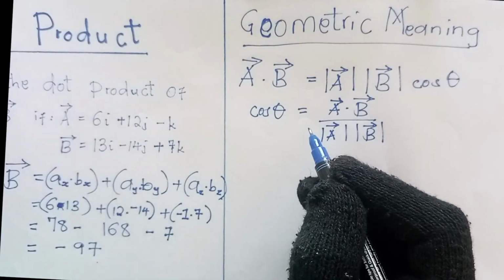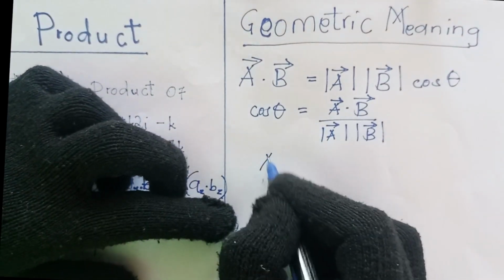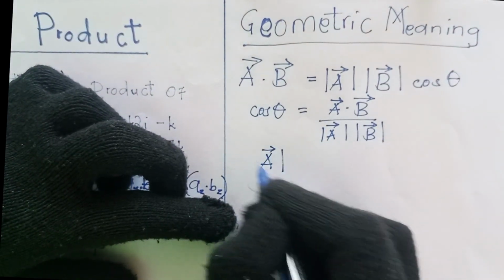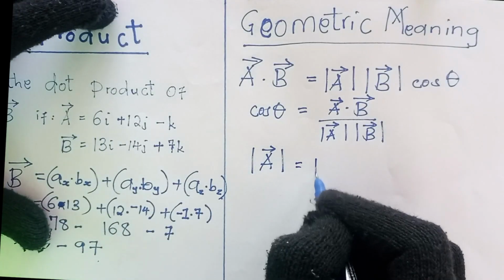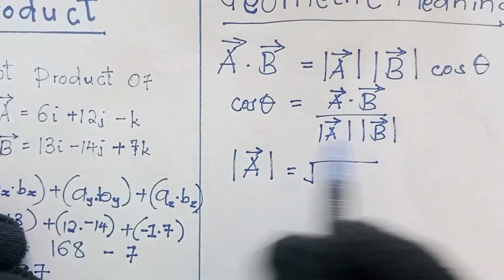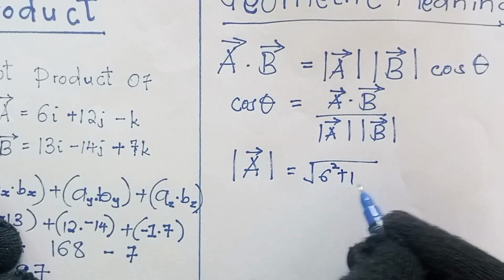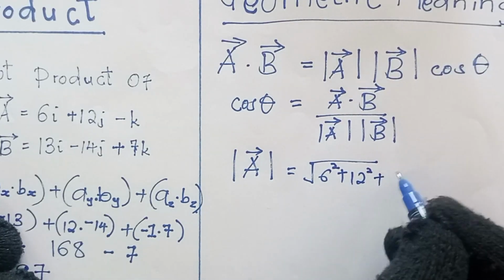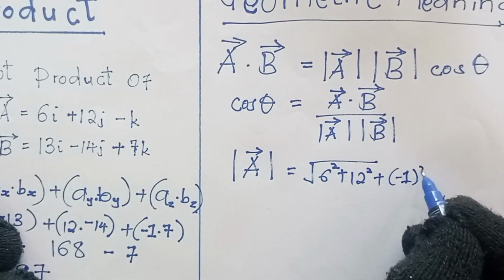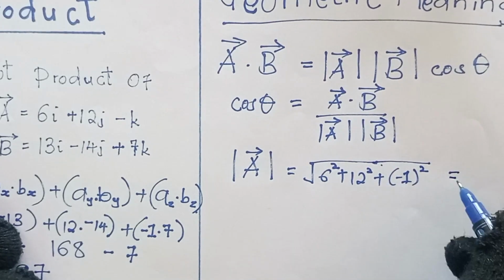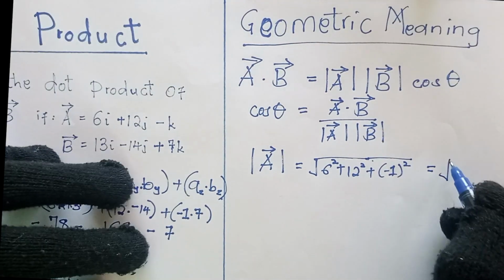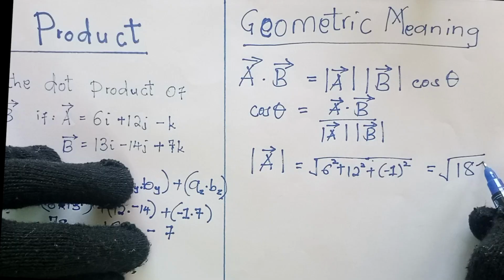And for our case, the magnitude of vector A is the square root of 6 squared plus 12 squared plus negative 1 squared, which is the square root of 181.